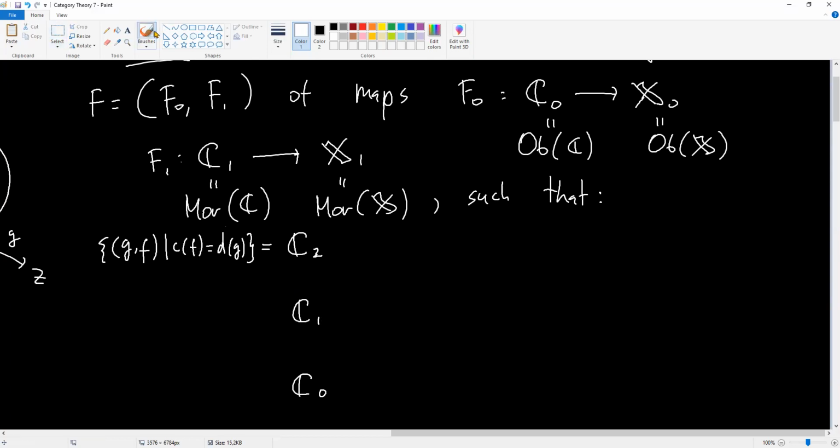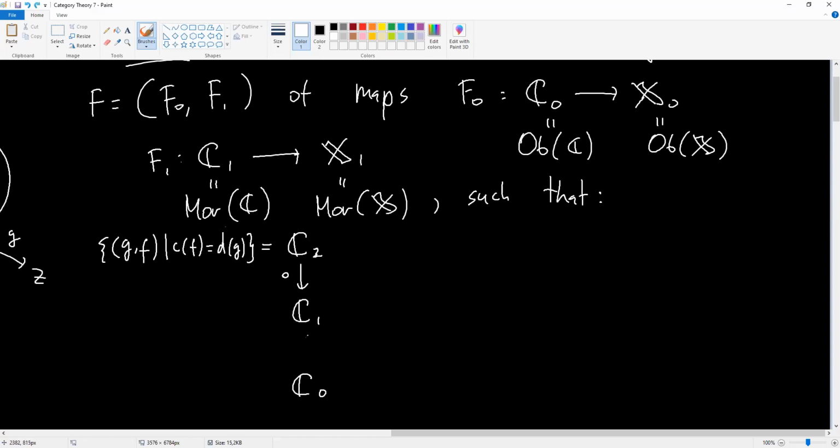And why do we want to work with such an object? Because composition is actually a function that has as domain such pairs, right? And two things are composable only when the domain of the first matches the codomain of the second. We cannot just compose any two morphisms of the category, right? We can only compose in certain situations, and the situations where we can compose is exactly those satisfying this equality.